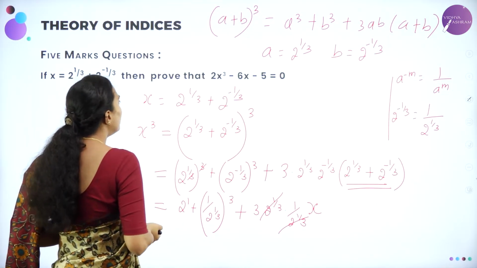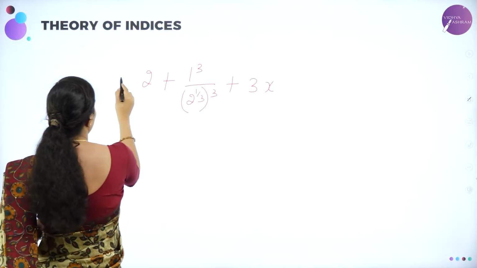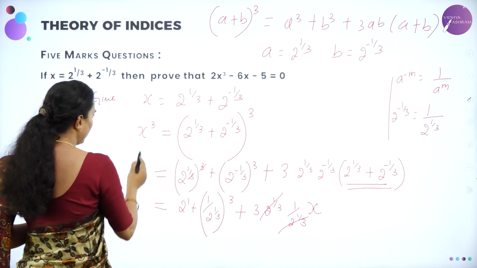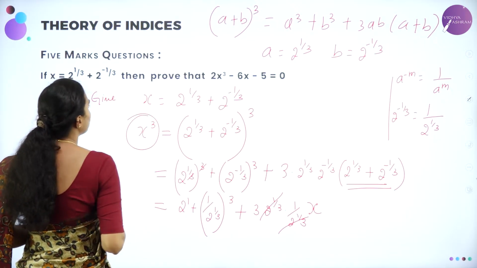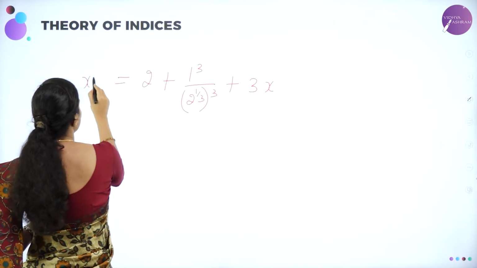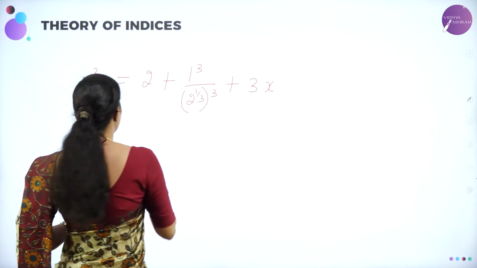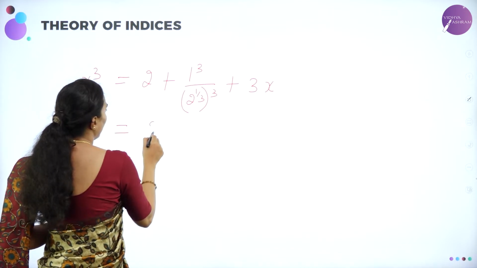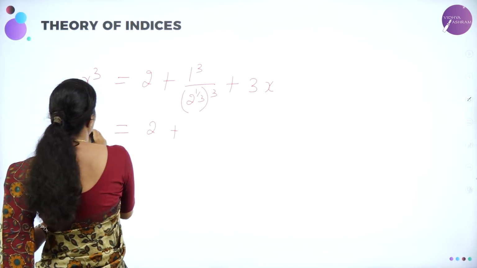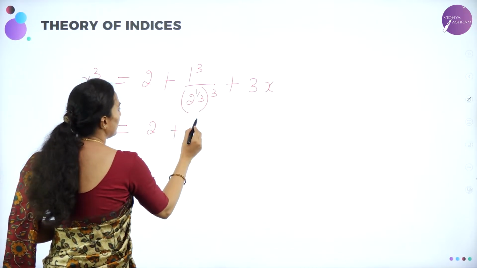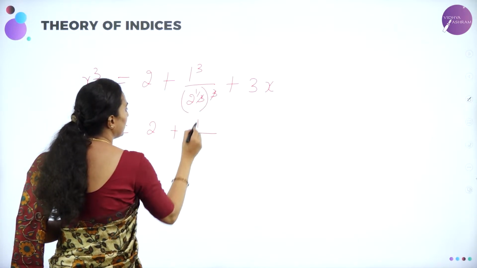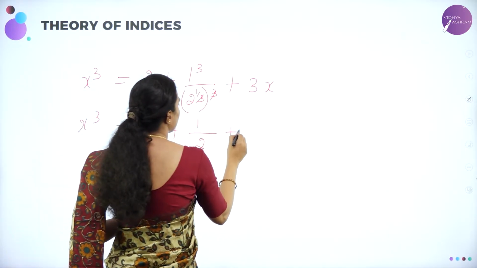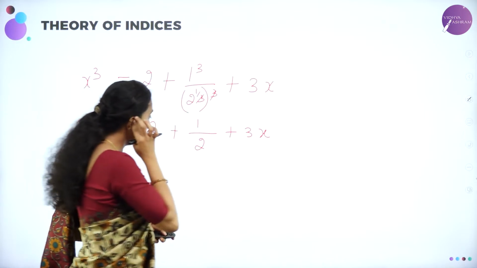So therefore, you can write the left hand side. Don't forget to write the left hand side is x cube. So I am writing left hand side is x cube. Okay. So what will this become now? You are going to have 2 plus 3x, since 1 power 3 is 1 and the 3 will get cancelled. Right.